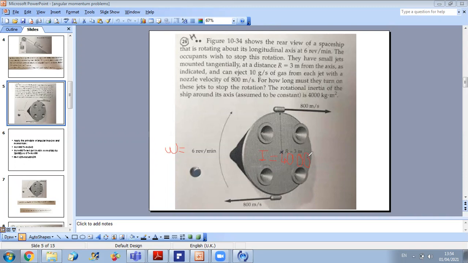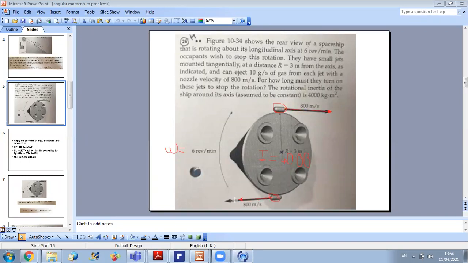This is why they will eject small jets mounted tangentially at a distance of 3 meters from the axis. So here you have jets, okay, and you will eject the jets in a way to stop the rotation.